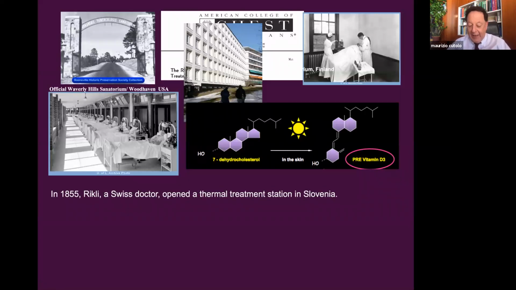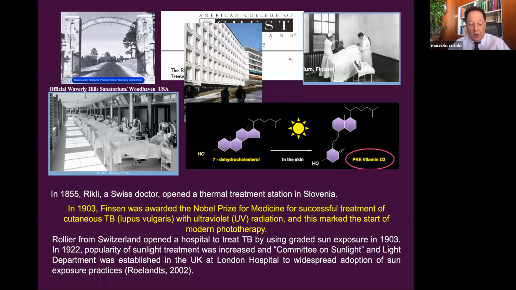And in 1855, a Swiss doctor got the Nobel Prize because he discovered that the sun was able to reduce the cutaneous tuberculosis, at that time called lupus vulgaris, just with the sun. He discovered that the sun improved the cutaneous tuberculosis and also lung tuberculosis, and he got the Nobel Prize. And from that time start the story and department of light, for example, at the London Hospital, to study the effect of the sun on chronic infection.